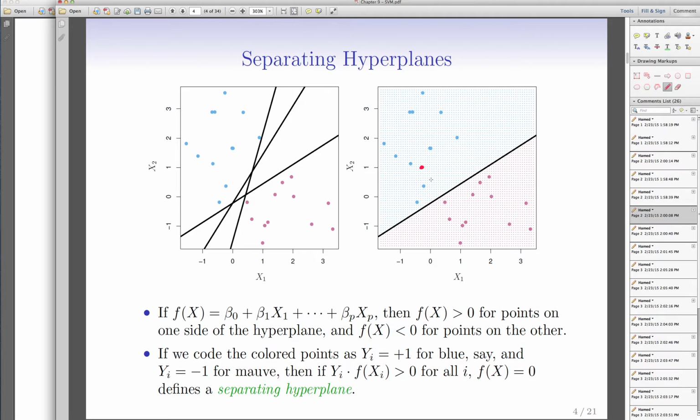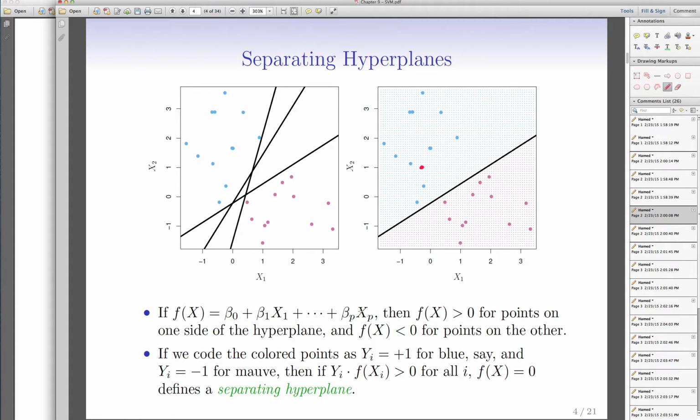We cannot find a hyperplane that separates these two groups into two distinctive groups. That's the first question. Second question is, how can we decide which hyperplane is the best? Here we have three options. Which one is the best? How can we decide on that? We are going to answer all of these questions step by step. So hold on to your questions for a bit.